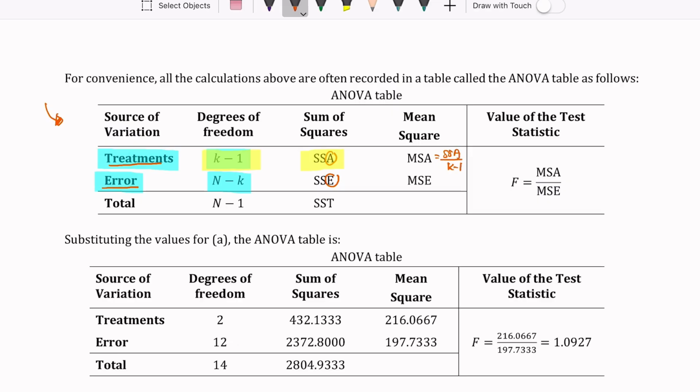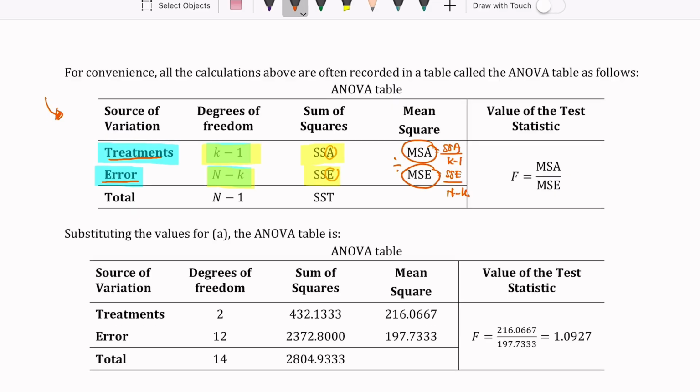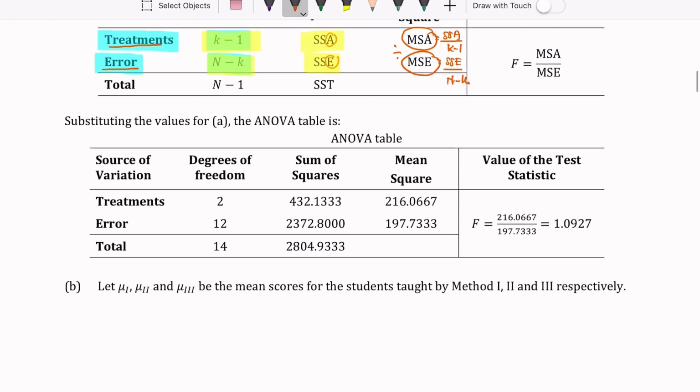Same goes to error mean square, SSE divided by N minus K. Finally, we have the column of F calculated. F calculated is MSA divided by MSE. We substitute the values that we have just now.